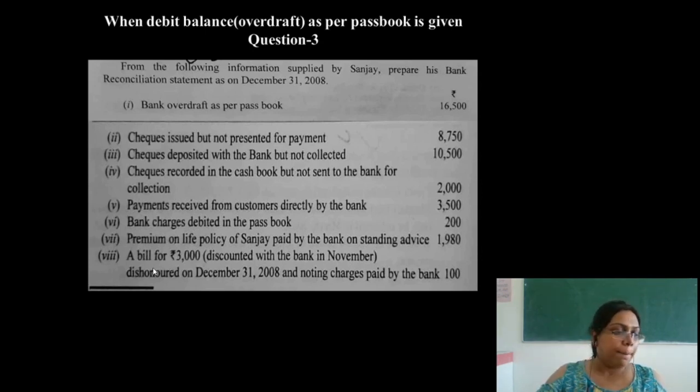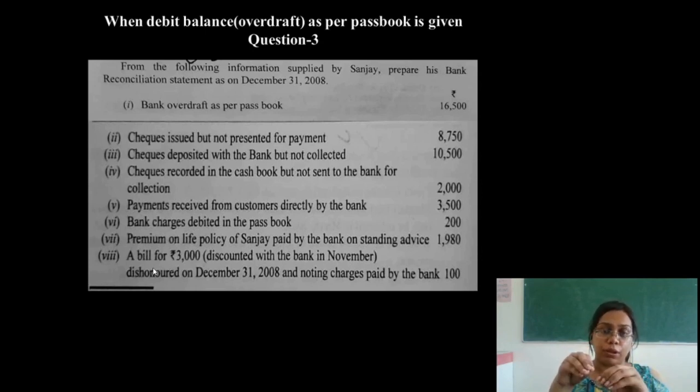So in this case, if we were preparing from the cash book, we would have deducted this amount of rupees 3000 from our cash book, and also we would have deducted this rupees 100.